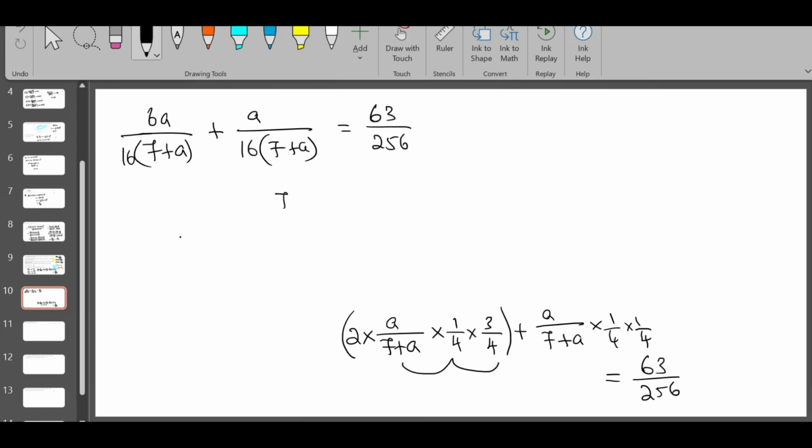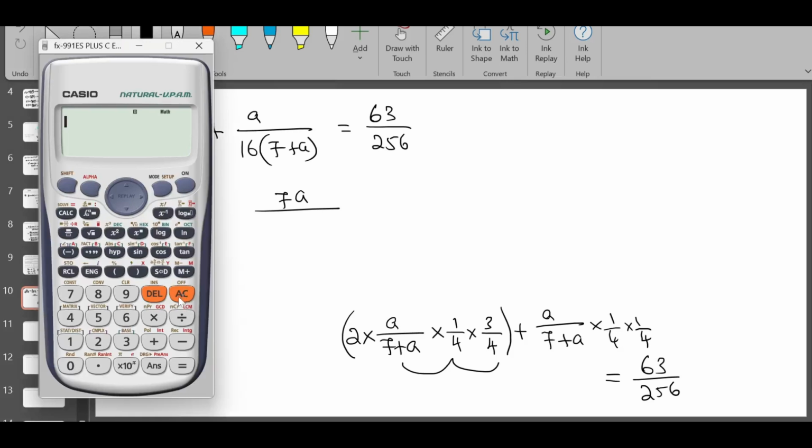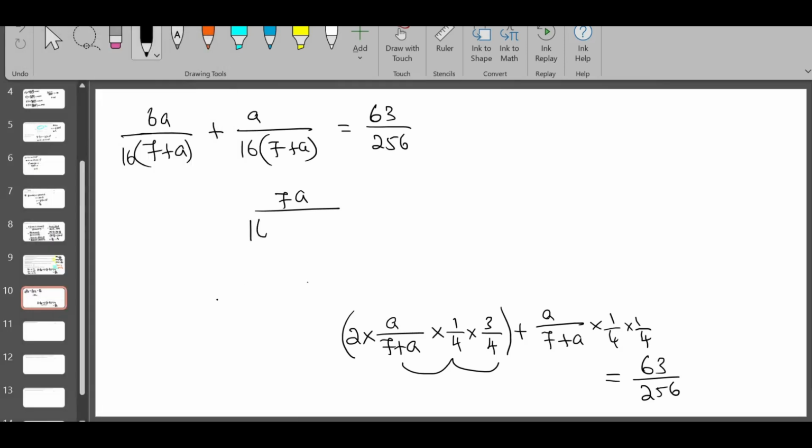So you will get 7A because it has a common denominator, 16 times 7 plus A. So 256 divided by 16, okay. So I'm not going to open the bracket. When you bring 16 to the other side, you can cancel this, you will get 16. When you bring 7 to the other side, 7 becomes a division, 9 sevens are this.